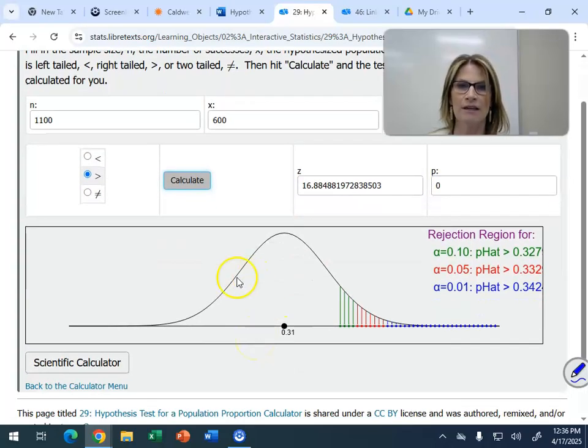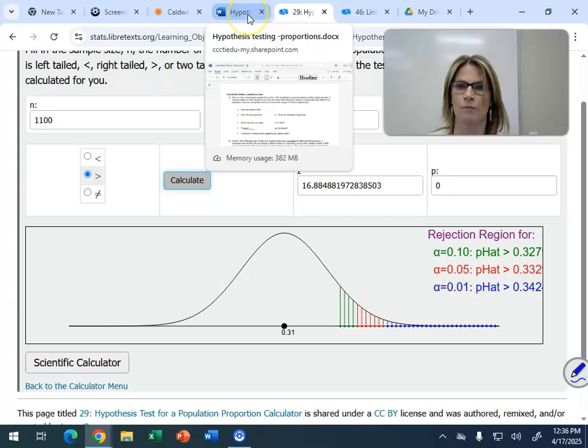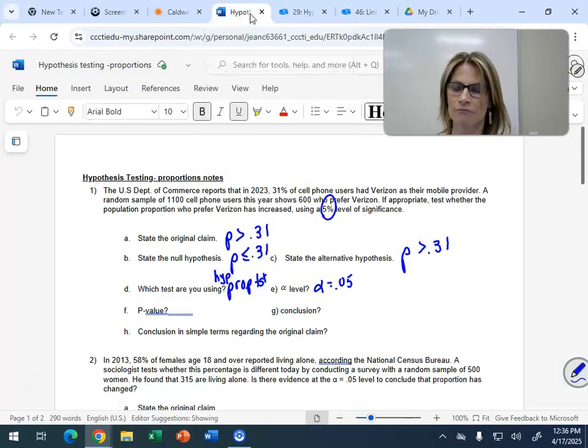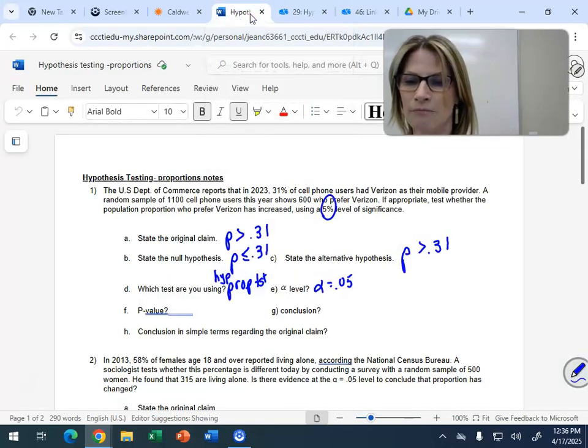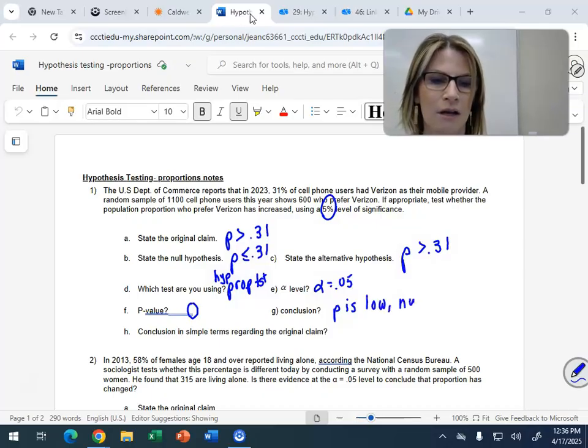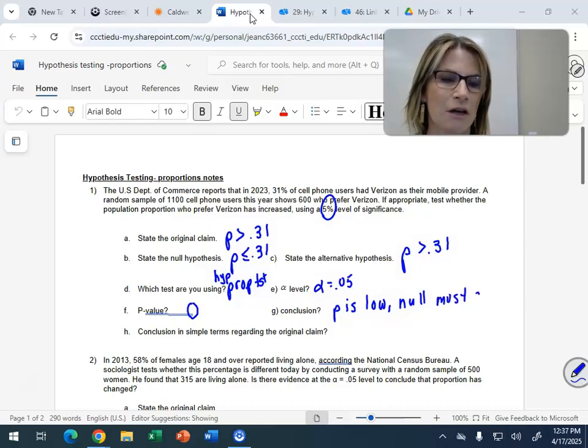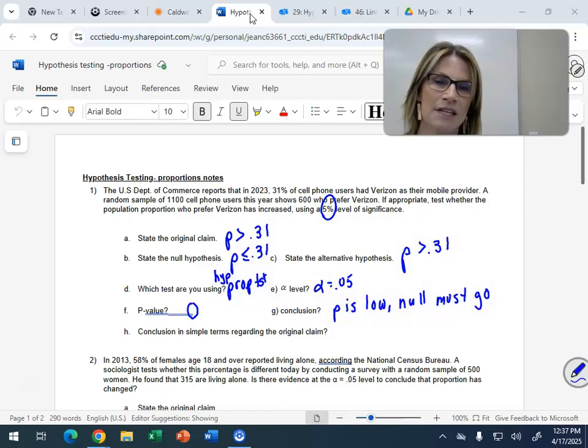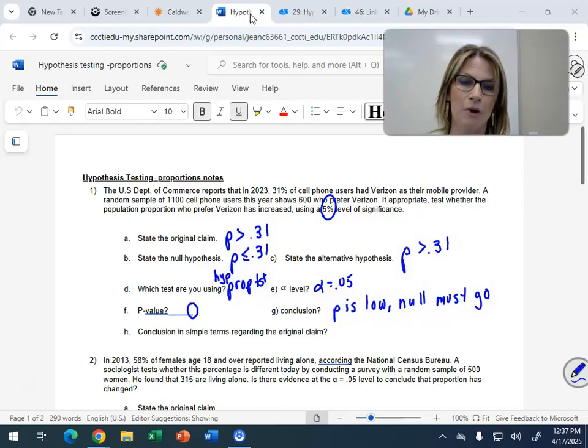So P is 0. That means that P is low. Null must go. That means that you rejected the null hypothesis. P is low, the null must go.